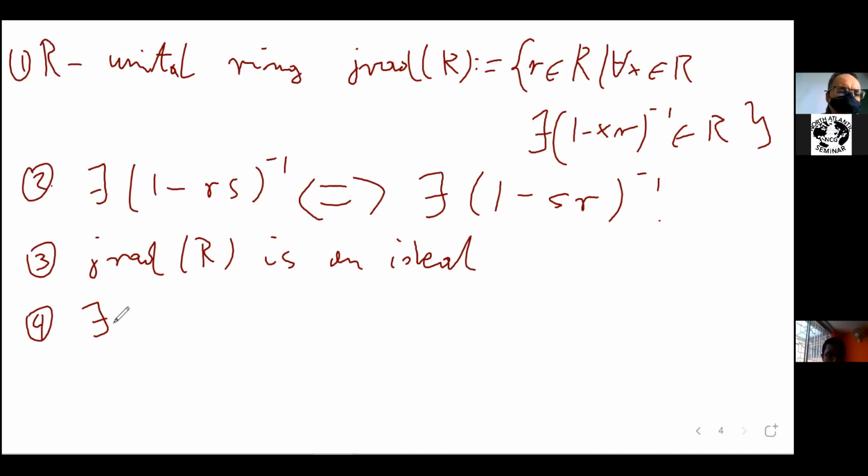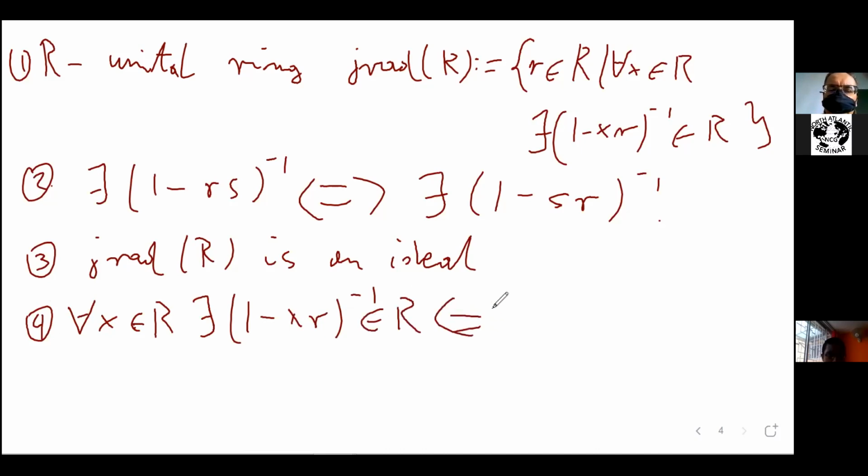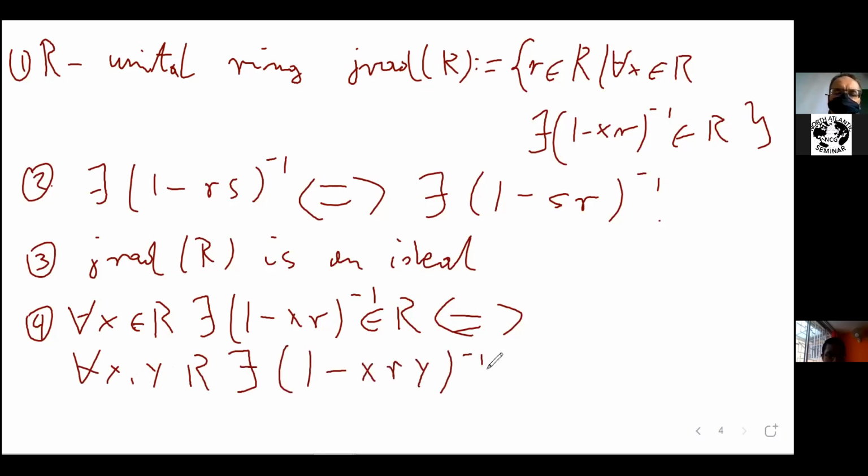Let me rewrite it. So I can claim that for all x in R, the element 1 minus xr is invertible if and only if for all x, y in R, the element 1 minus xry is invertible.